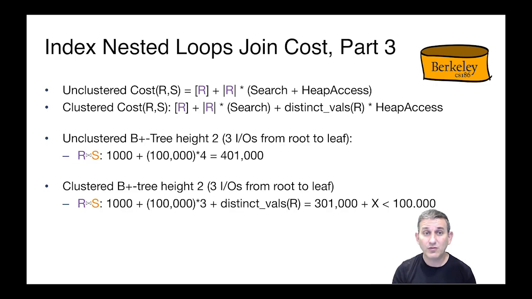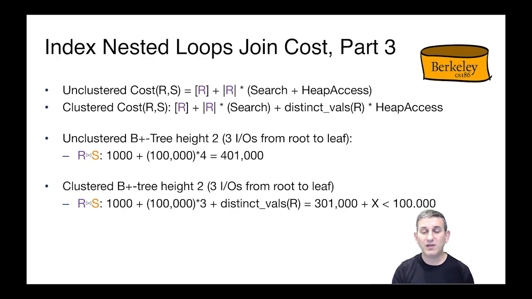Okay, so going through some specific numbers here, if we have a B+ tree of height 2, remember that's 3 IOs from the root to the leaf, the way we're numbering things in this class, then the cost here is going to be [R] = 1,000, plus |R| = 100,000, times 4 for an unclustered cost: 3 to search the index, and 1 to do the heap access. 401,000 IOs total.